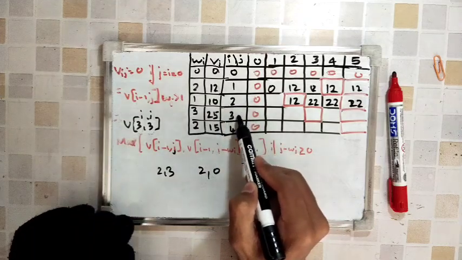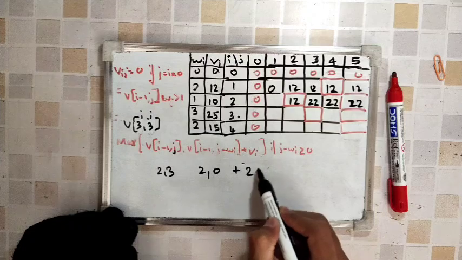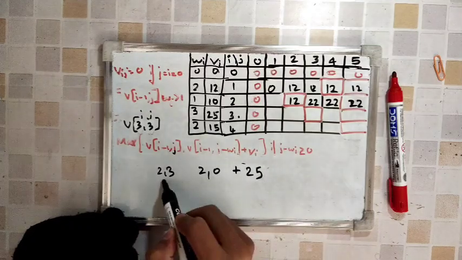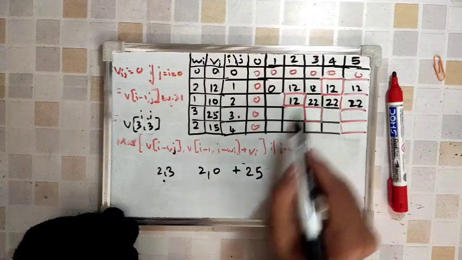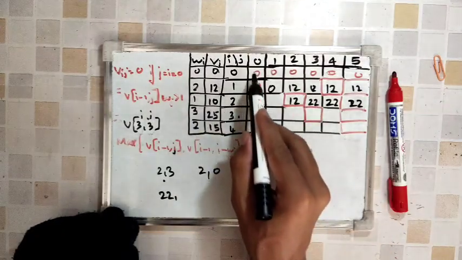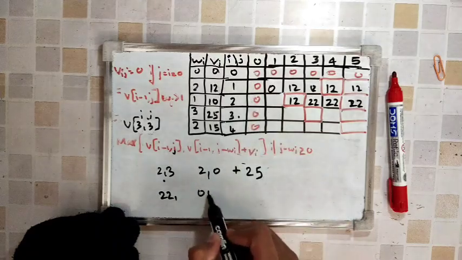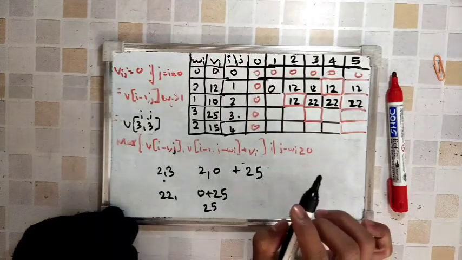At this place the weight is 0 itself, plus 25, okay. So 2 3, what is the value in 2 3? 2 3 is 22, and 2 0 is 0 plus 25. So I got 25 here, okay. So I will select 25.